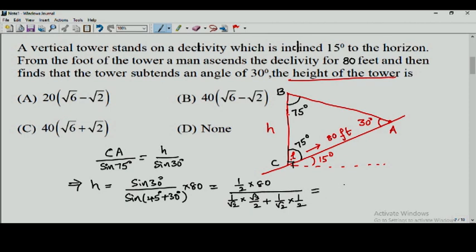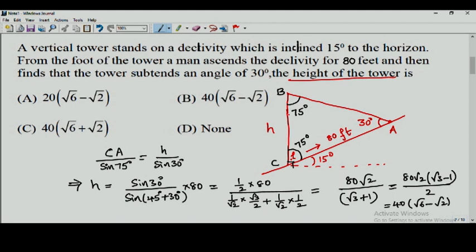The 2 gets cancelled in numerator and denominator. So 80 root 2 divided by, in the denominator, root 3 plus 1, that is equal to 80 root 2 into root 3 minus 1 divided by 2. That gives us 40 into root 6 minus root 2, root 2 into root 2. So we get 40 into root 6 minus root 2.